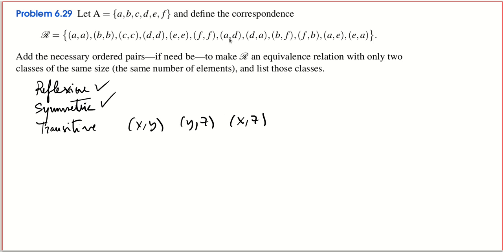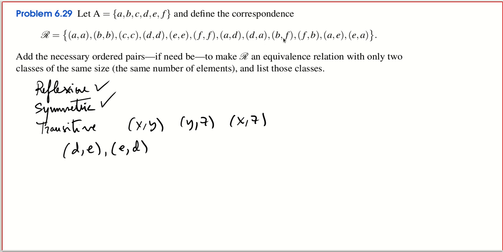So let's see, you have AD, but there's no element starting with D other than the symmetric one, so that's okay. Then we have DA, and we look for the elements, and here we have one with an A, so we have DA and AE, but we don't have DE, so we need to add the pair DE in order for it to be transitive. And of course, to preserve symmetry, we also need to add this one, right?